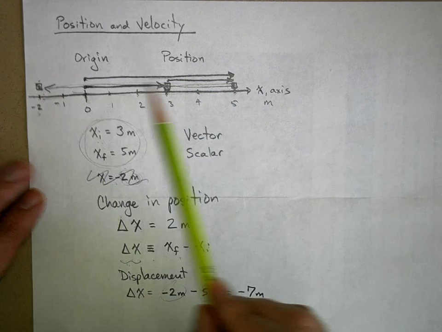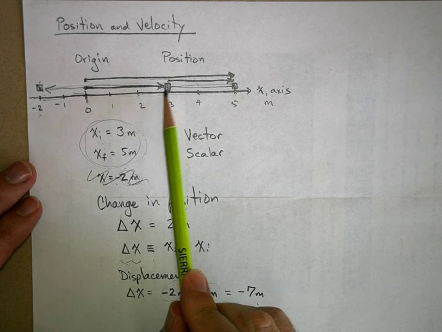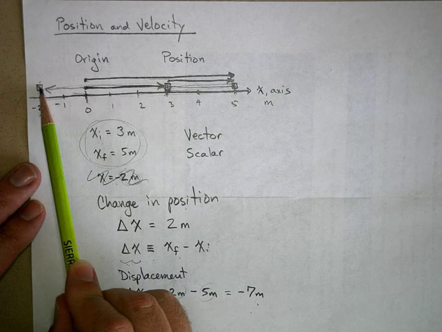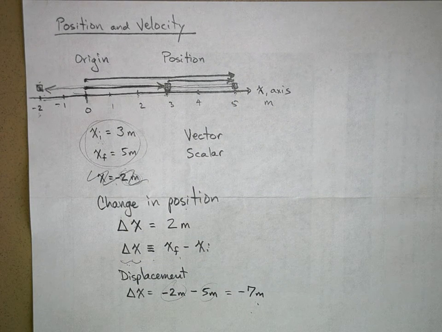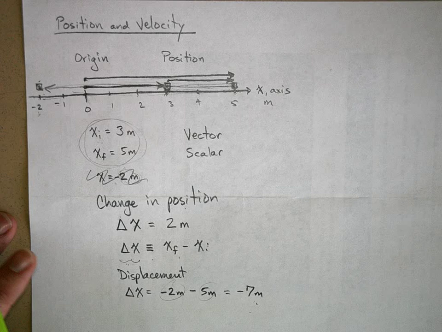Now for that total time interval, for that whole set of motion, what was my displacement? 5 meters? Yeah, you can displace to the right or you can displace to the left. So the displacement has a direction.